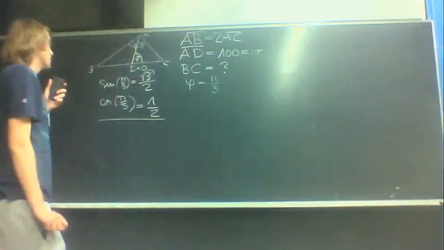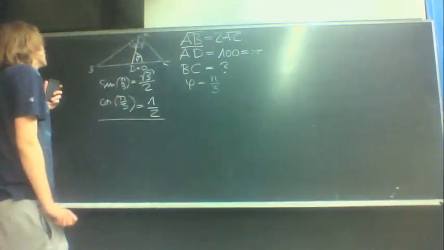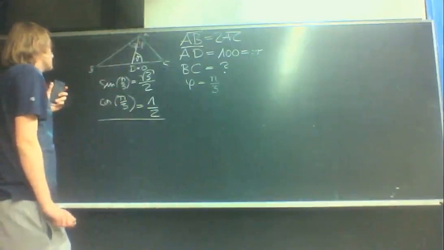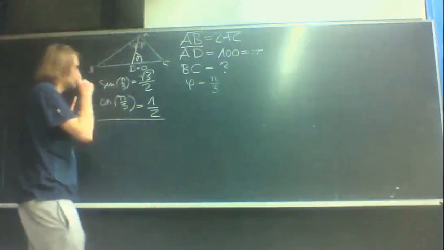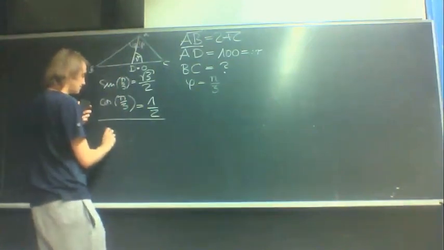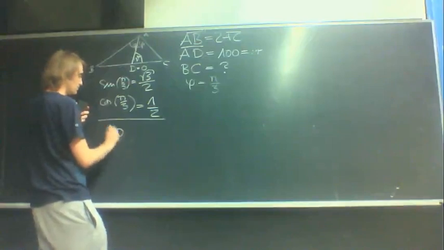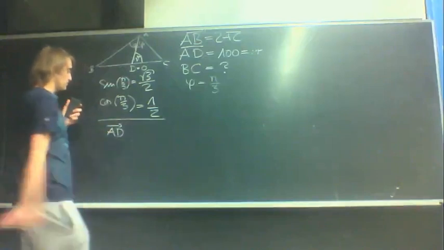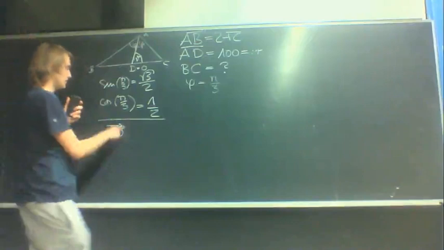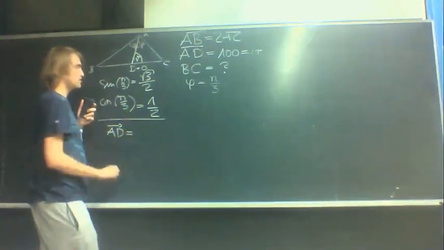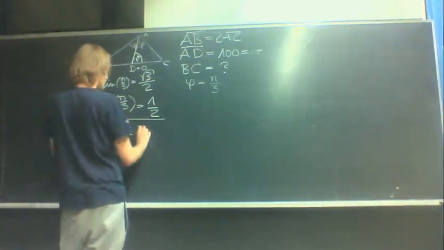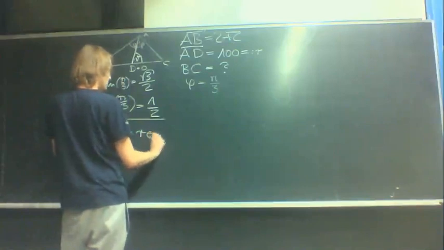So the vector AD, let's just call it AD vector, is equal to R times ER.